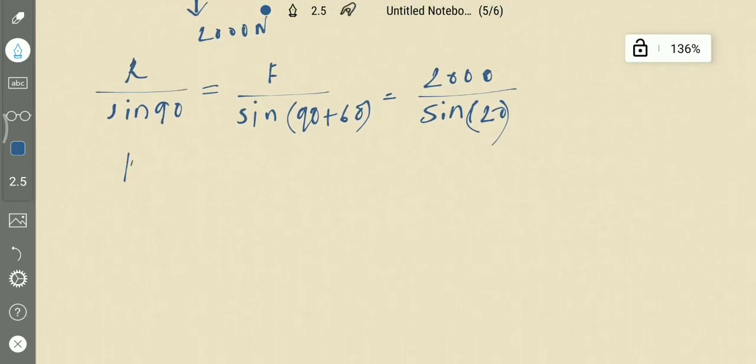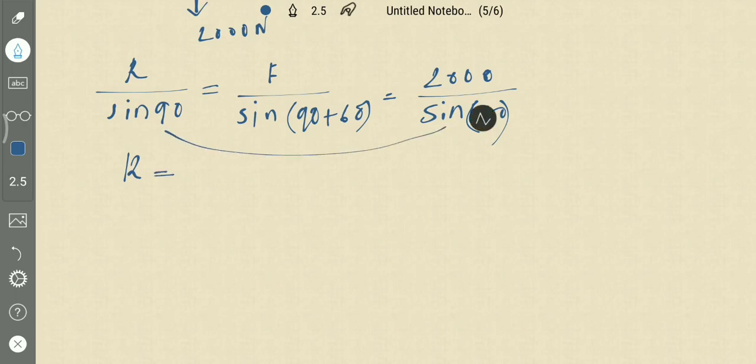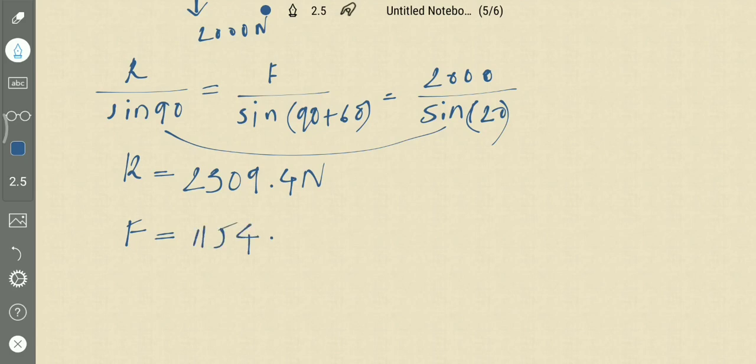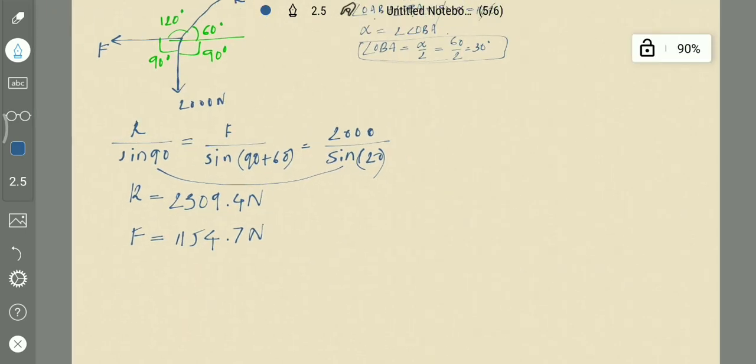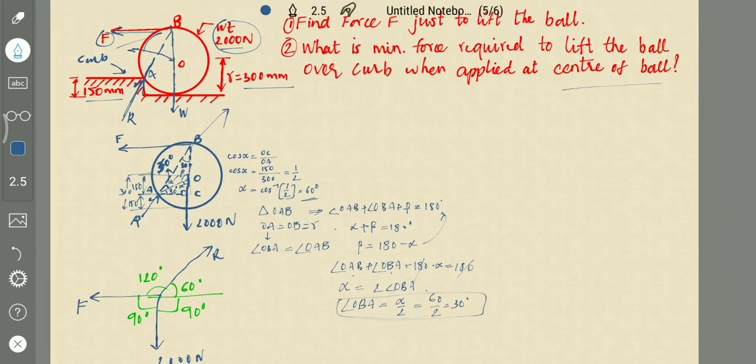So R is calculated as 2309.4 newtons and F is calculated as 1154.7 newtons. By this we have completed the first question.